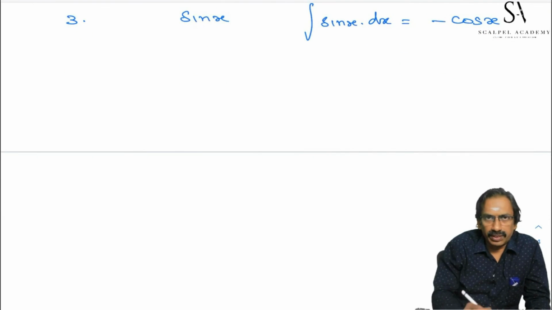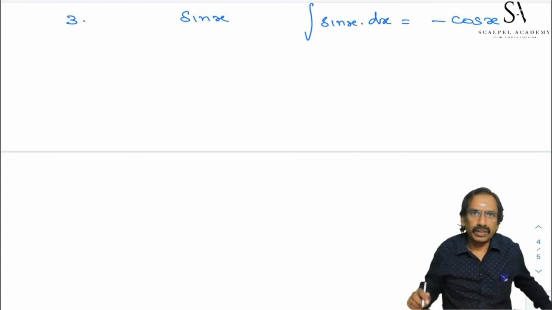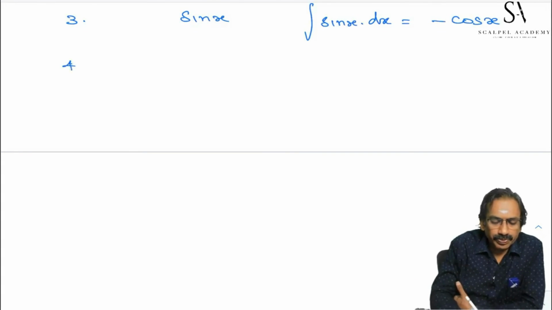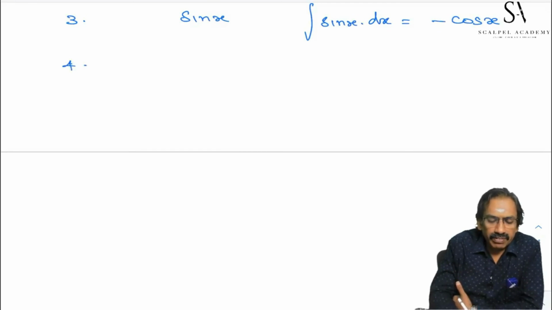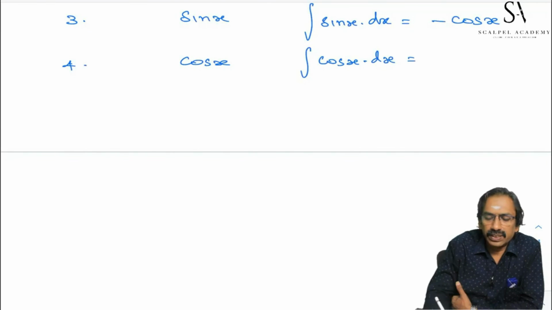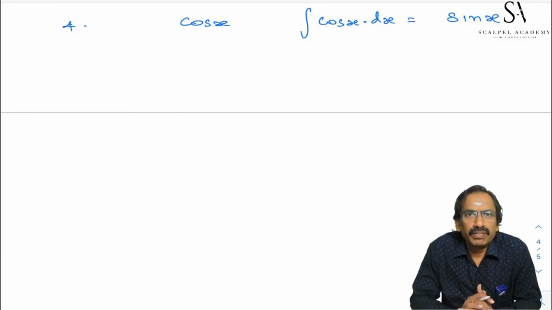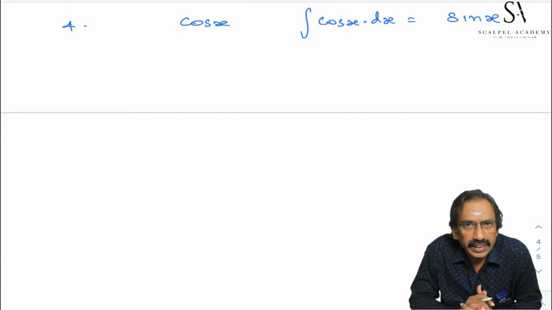Just take it as a formula. Our mathematicians worked out and gave us these. f of x is cos x. Then integral cos x dot dx is equal to sin x. Student, compare the formulas we learned in differentiation and integration.